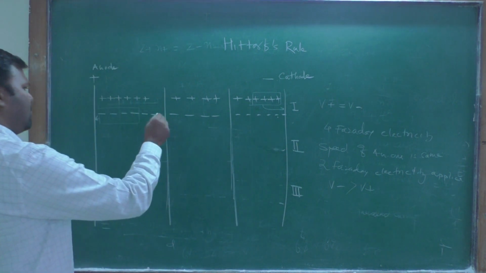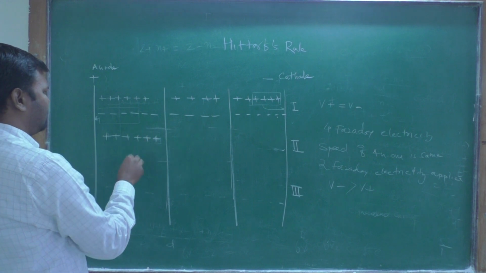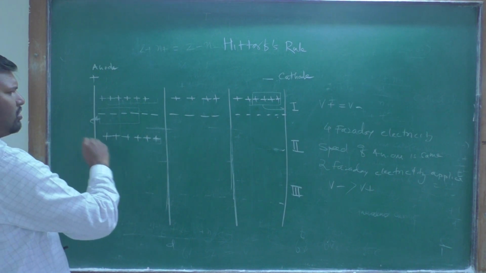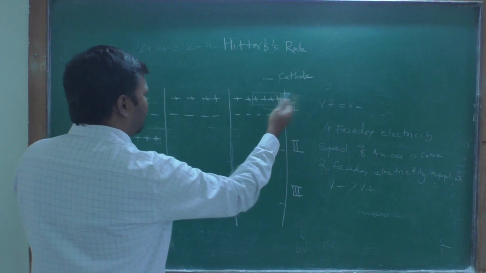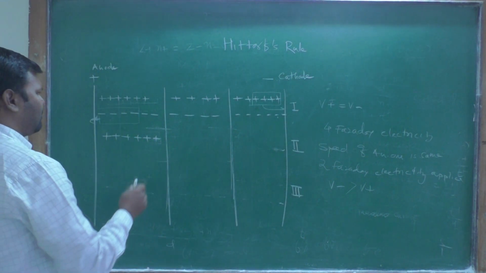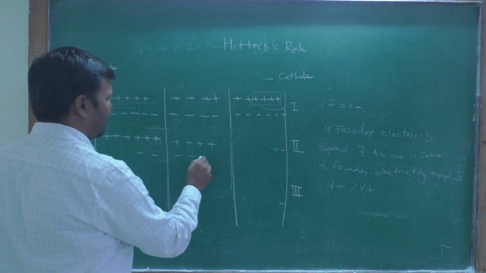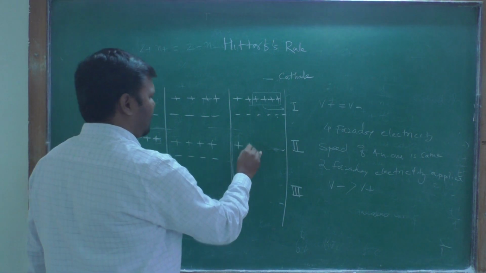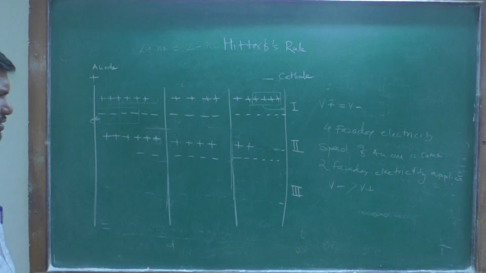We apply the 4 Faraday. First, it immediately deposits because the concentration is more, and the positive and negative are very near to the cathode and the anode. Therefore it is deposited immediately, and the first case is the same. The result obtained with the same speed and the result obtained with different speed are the same.